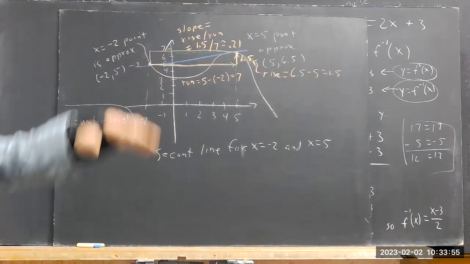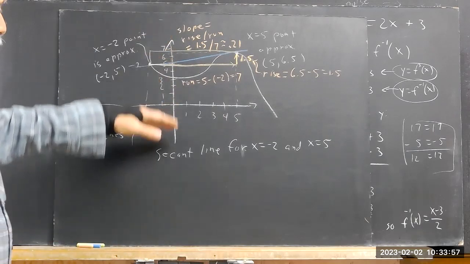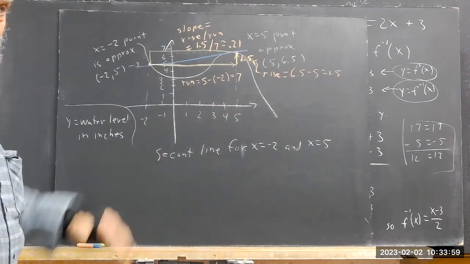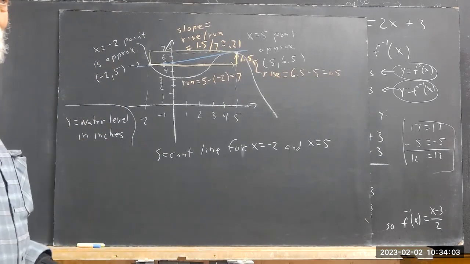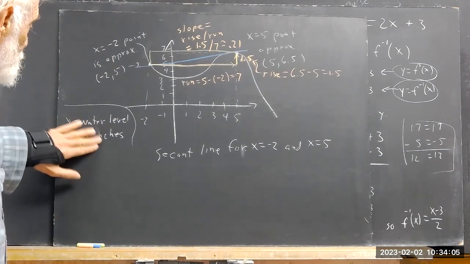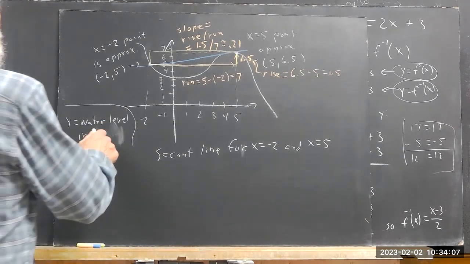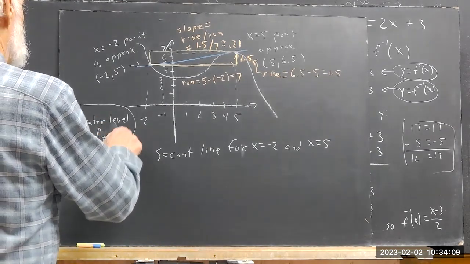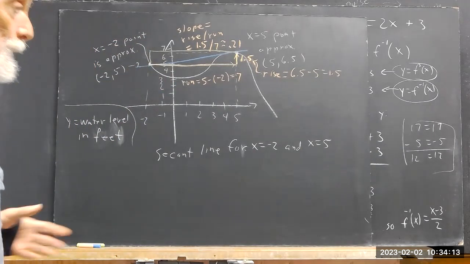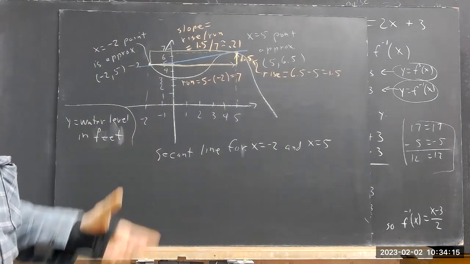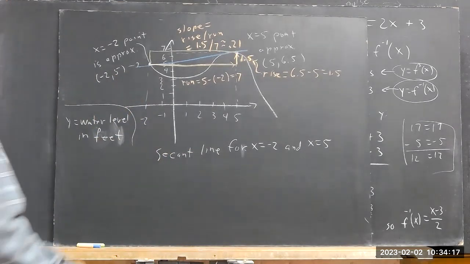It allows you to measure water level in inches above or below this particular mark. In an actual TVA lake, it might be in feet. Okay, so let's go with feet. In a natural lake, it would be more likely to be measured in inches, but in a TVA lake where they drain it and so forth, feet.